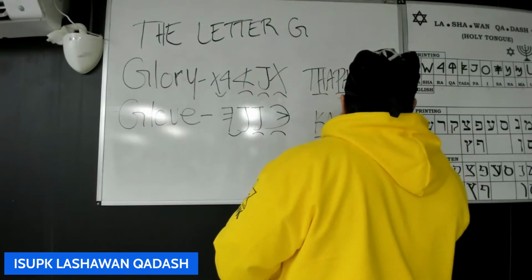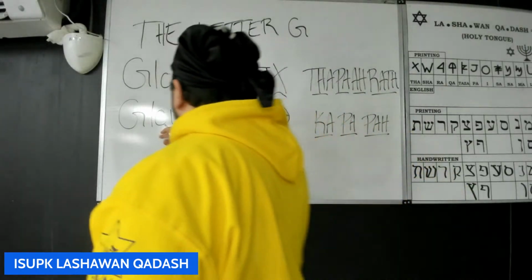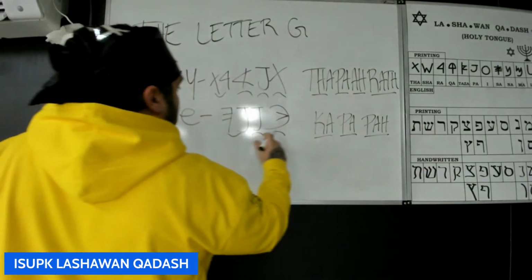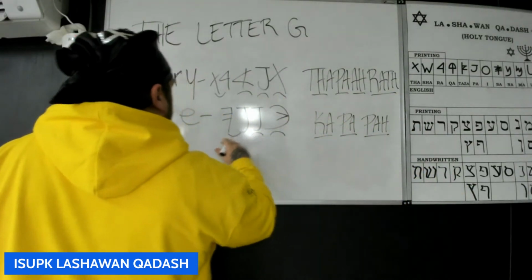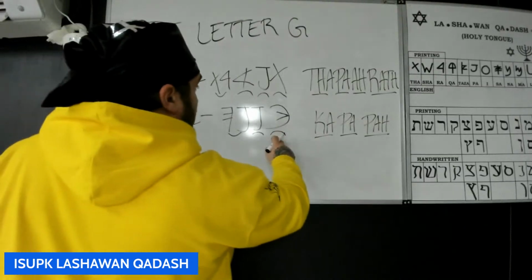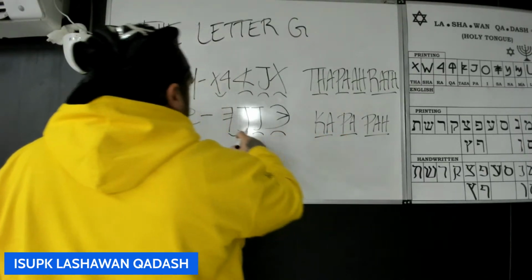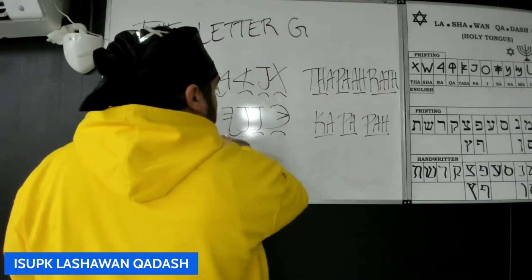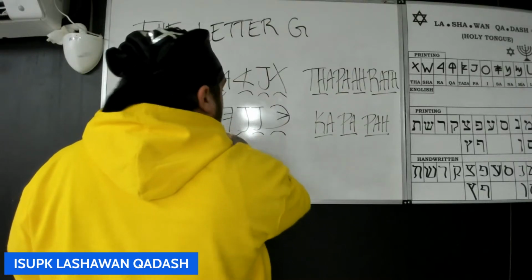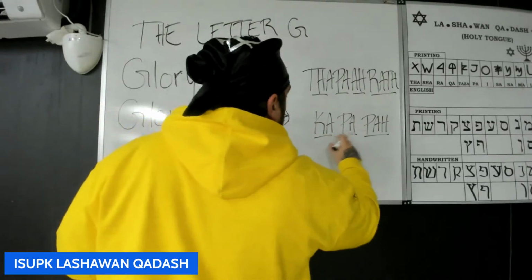Ka, pa, pa. Glove in ancient is ka, pa, pa. You got the K-A, pa, pa's right there. Then you got pa connected to the ha, so you knock off the H on ha. Ka, pa, pa.